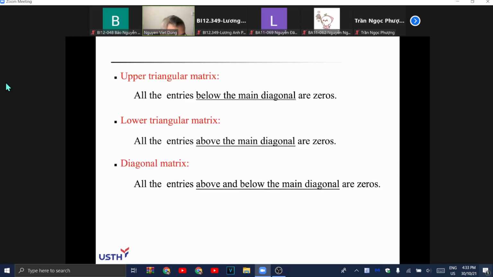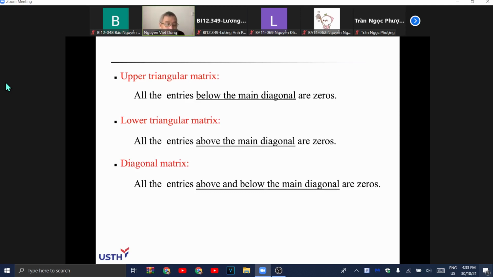Now the diagonal matrix is a square matrix which is an upper triangular matrix and a lower triangular matrix at the same time. We defined before that a diagonal matrix is a square matrix in which the entries outside of the main diagonal must be 0.